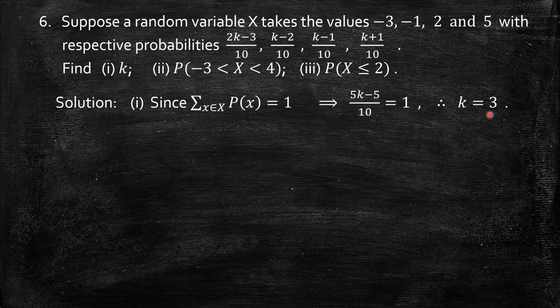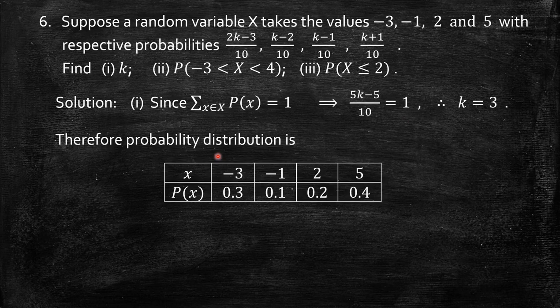Simplify this, k equal to 3. Now I can prepare a table corresponding to -3, -1, 2, 5. The probabilities are here: 2k minus 3 by 10. Substitute k values in each. So we'll get 0.3, 0.1, 0.2, 0.4. We can just substitute the values of k, students, here, which simplifies to this. Now if you want, you can recheck. The sum should be equal to 1.